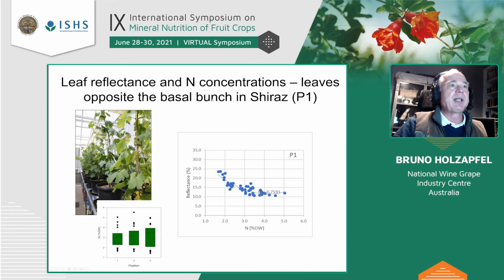When we looked at opposite the basal bunch, so that's the important one, position 1, we get a good relationship through all these different concentrations. So a good way of predicting indirectly.